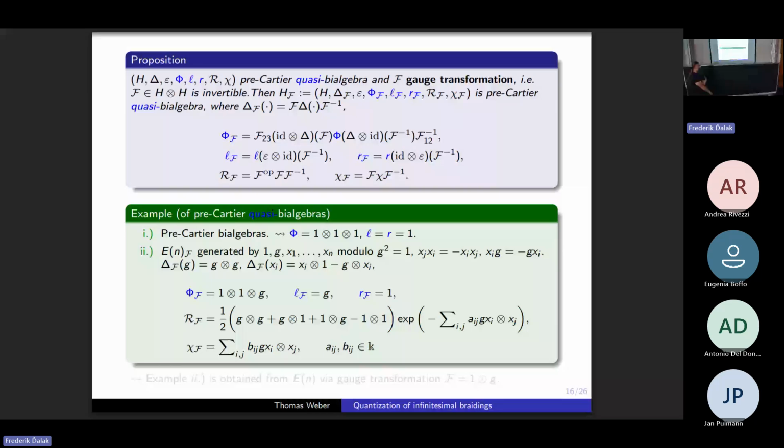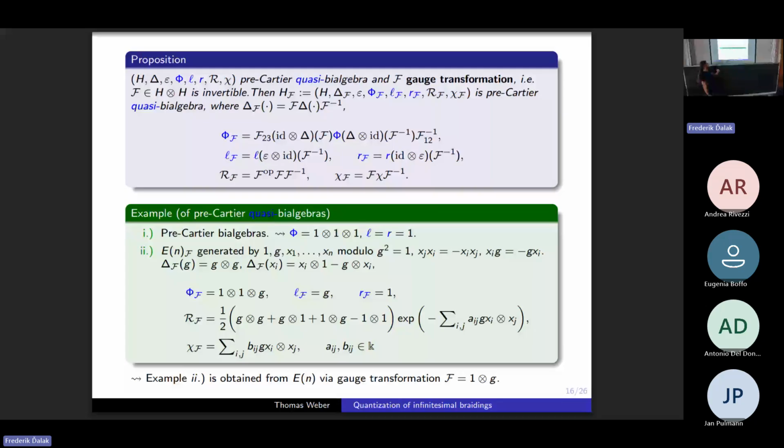There's a particular one that we can take, and we can reveal it right away. If we take as a twist 1 tensor G, you start with an honest bialgebra, but using this twisting method you get an honest quasi-bialgebra, in the sense that you have a non-trivial associator and the left unitor is non-trivial, while the right unitor is trivial.